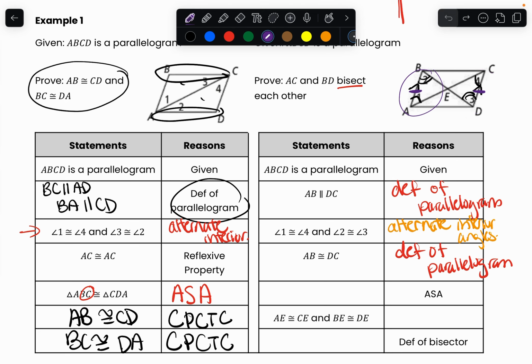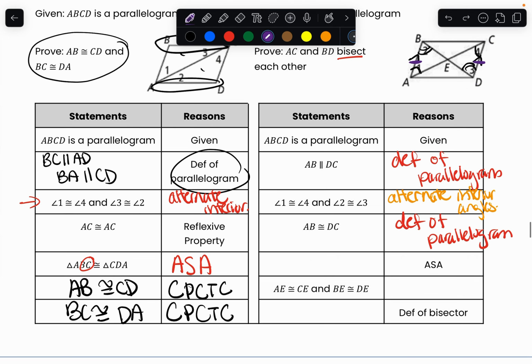So I can say that my triangles are congruent. Let me write out my congruent statement. B is the same, its corresponding angle is D because it's congruent angles right here. And I know that A's corresponding part was C. And the last one they both have in common is E. And now I write my statement out.